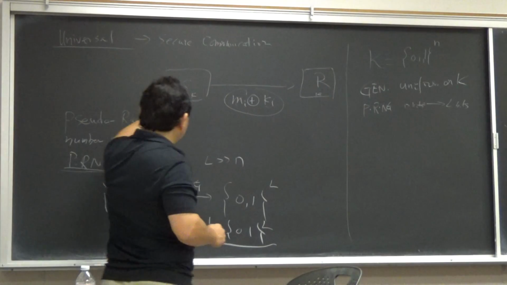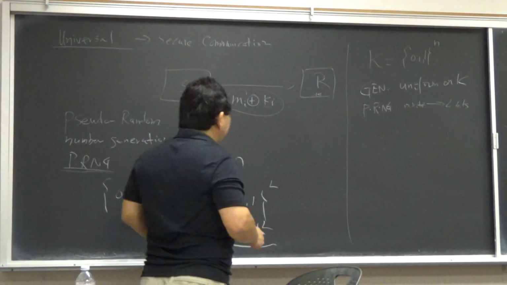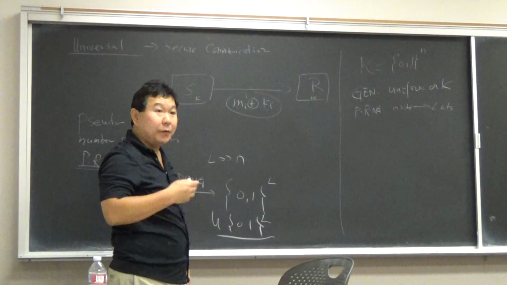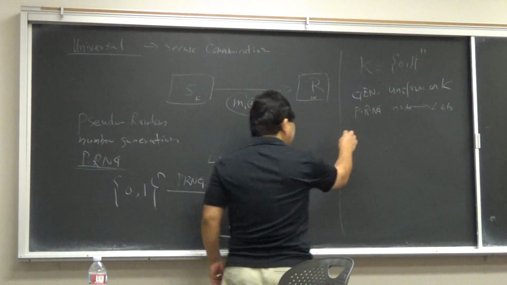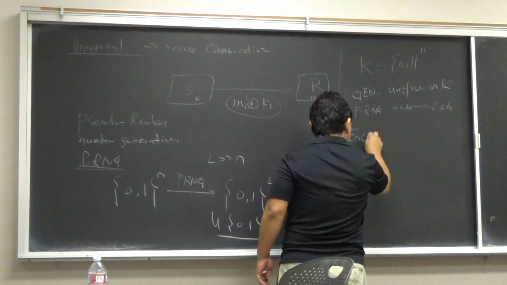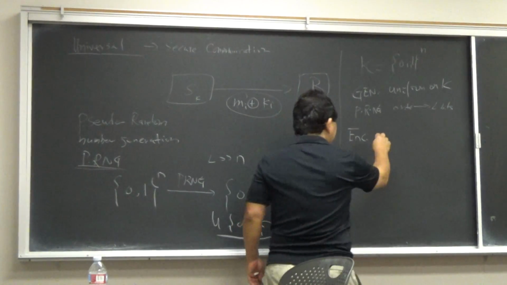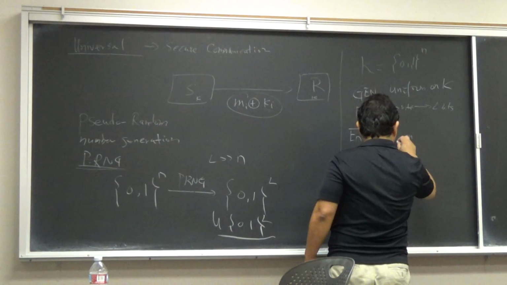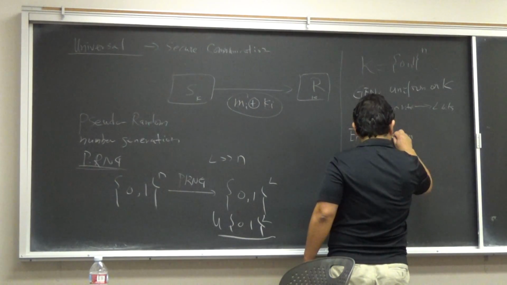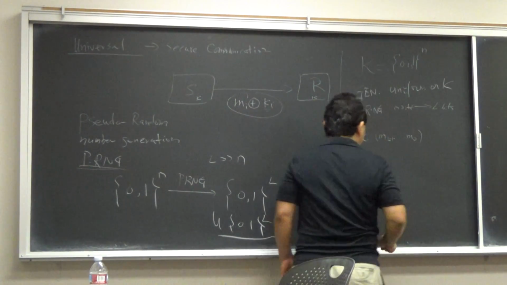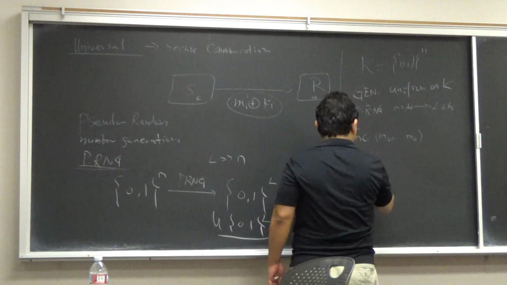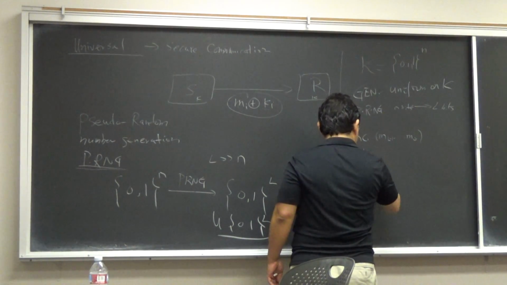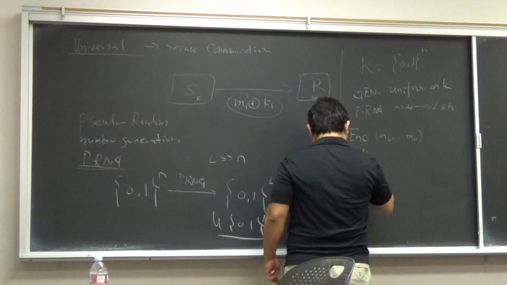Then one way to implement such a scheme is, again, you use the generation to generate the key, and when you need to encrypt, you simply take a message and then you take your random key.